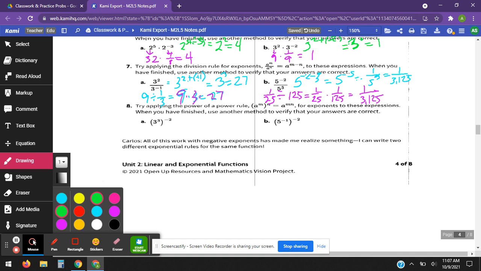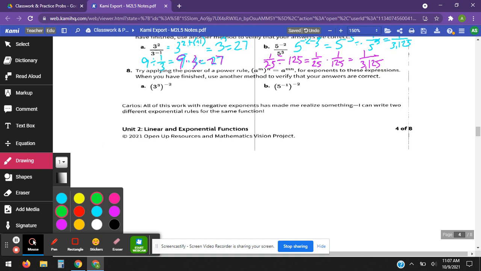Next one. So this is where we multiply the exponents. So 3 to the third, to the negative 2 equals 3 to the 3 times negative 2, which is negative 6, which equals 1 over 729.